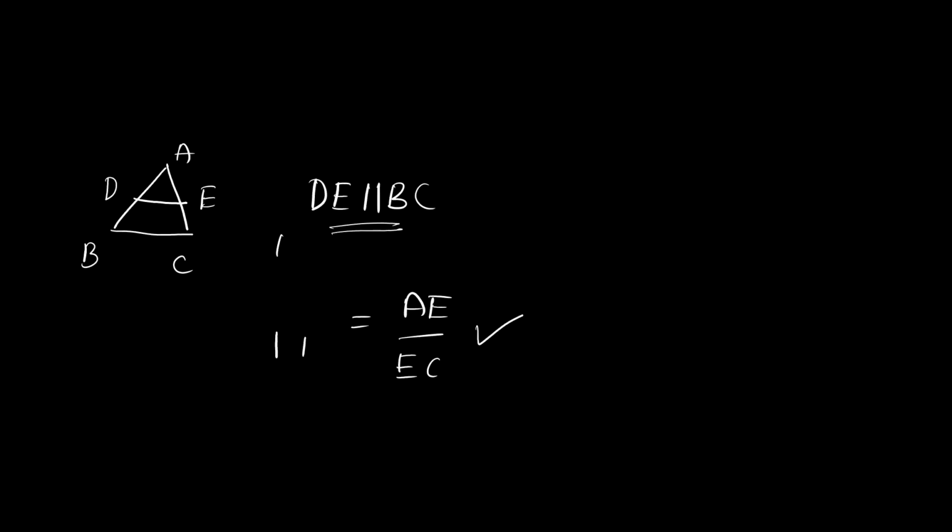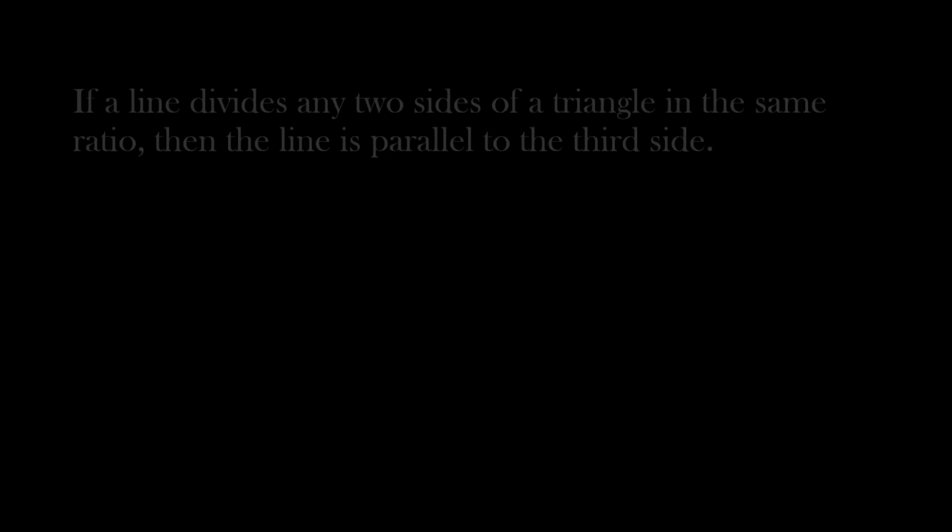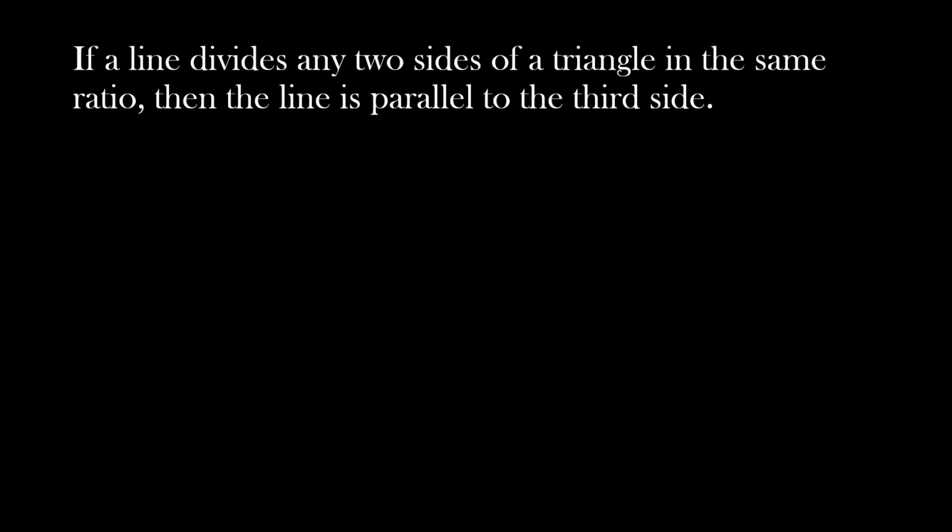So first let's see the converse of Thales theorem statement, and then we proceed with the proof of the converse of BPT theorem. So the statement is, if a line divides any two sides of a triangle in the same ratio, then the line is parallel to the third side.